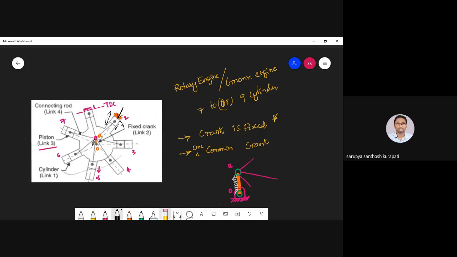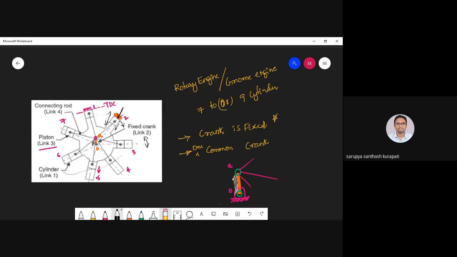And the cylinder with respect to point O, the housings are there, complete bearings, so it is free to rotate. So the cylinder is going to move. Similarly the respective cylinders, third, fourth.